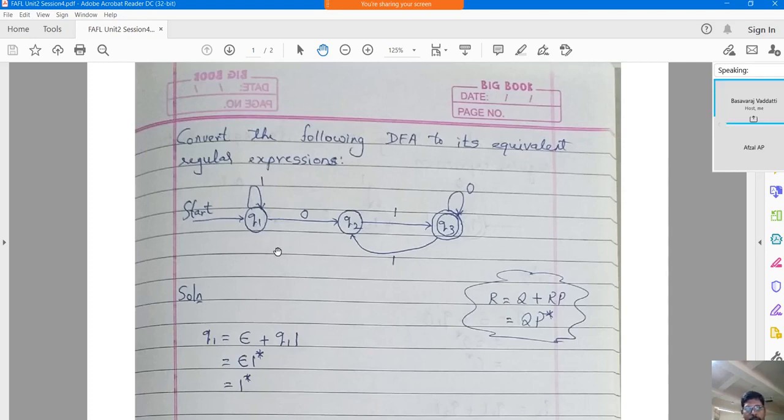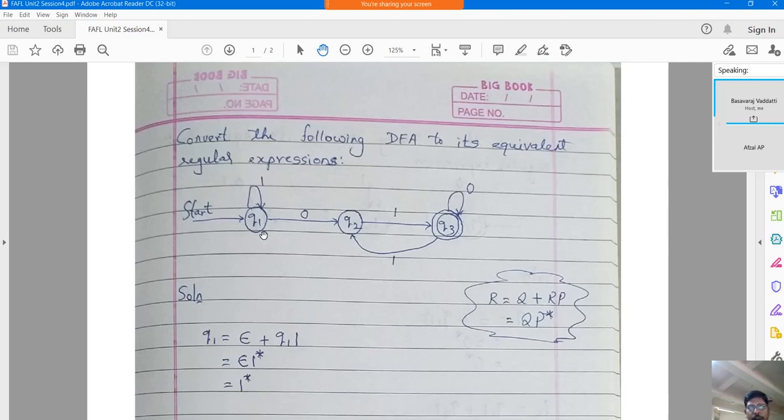One important point we need to observe here is, with reference to start state and final state, there is a bit of variation in the interpretation. With reference to the start state, we will have one component extra here, that is epsilon. Therefore, I'll write here the regular expression corresponding to Q1.